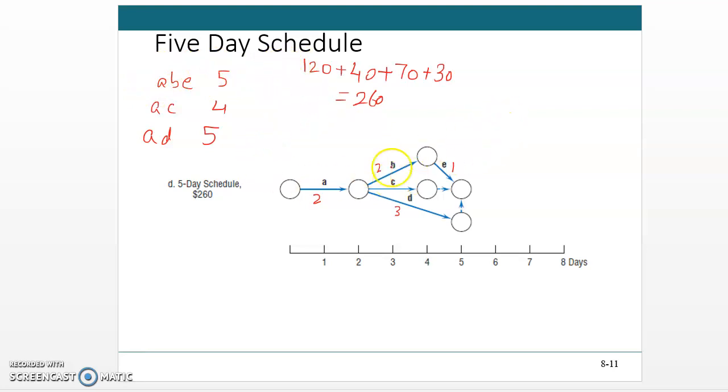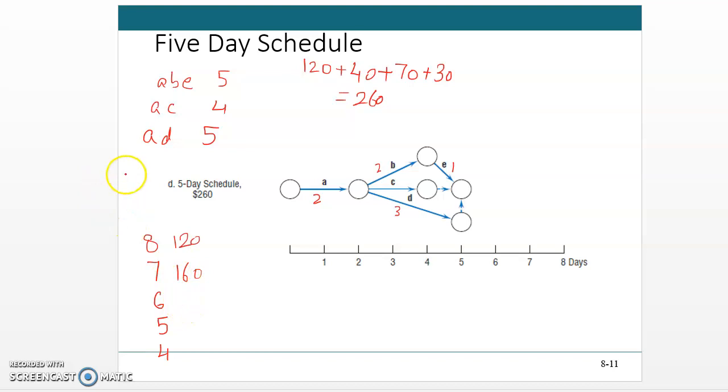So for this project, we have the original schedule of 8 days, then 7 days, 6 days, 5 days, 4 days. So 4 days is the minimum possible. For 8 days the cost was 120. For 7 days it was 160.